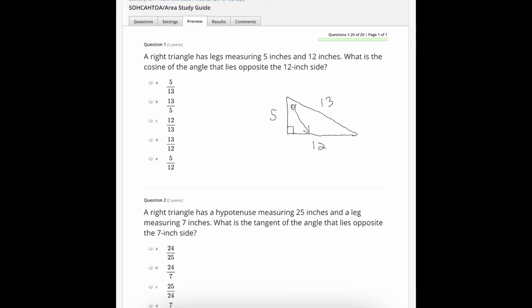And we need cosine of this theta. So cosine theta equals adjacent over hypotenuse, which would be 5 over 13.